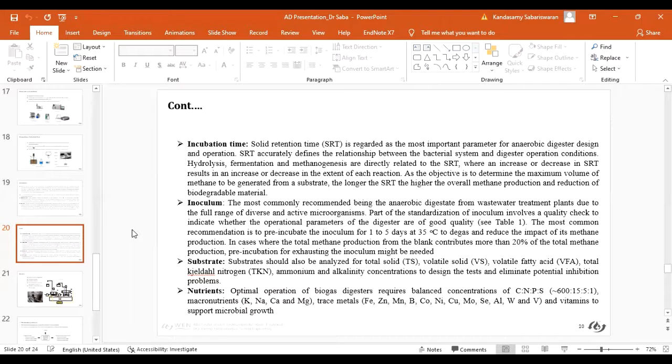When we come to substrate, it should be analyzed for TS, VS, VFA, TKN. For nutrients, the optimal operation of a biogas digester requires balanced concentrations of macronutrients, trace elements, and vitamins for microbial growth support.